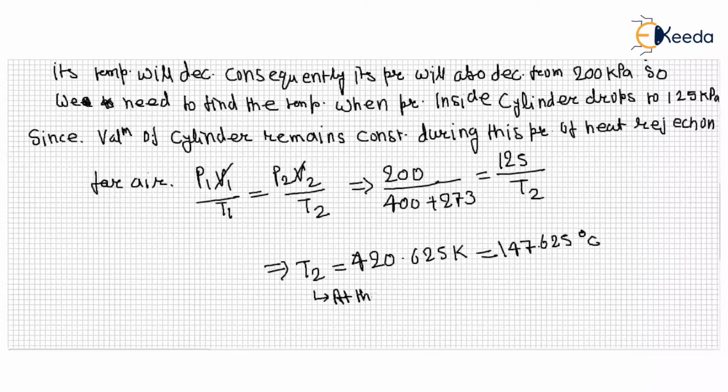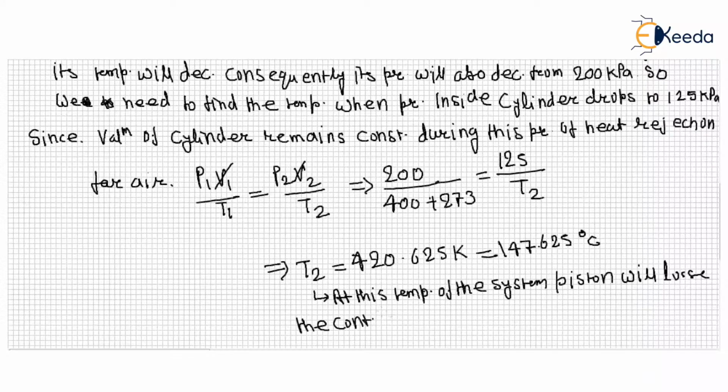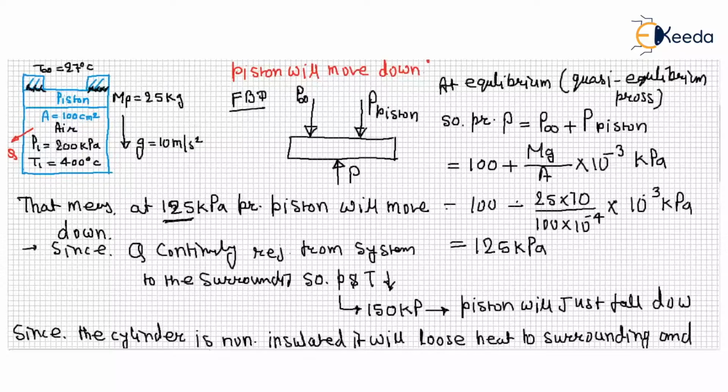So at this temperature of the system, the piston will lose contact from the stop, and the pressure here is 125 kilopascal. If the pressure is higher, say 200, and the temperature is 180 as it loses heat, will the piston fall down?